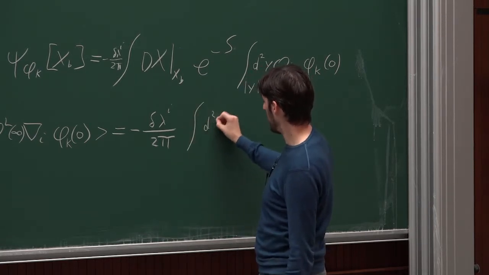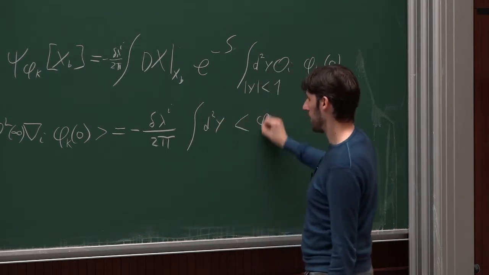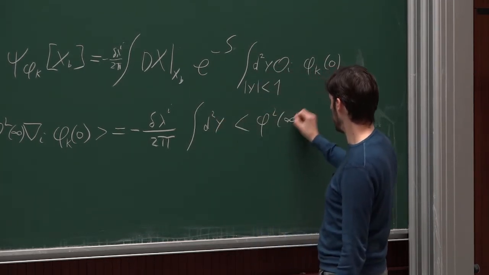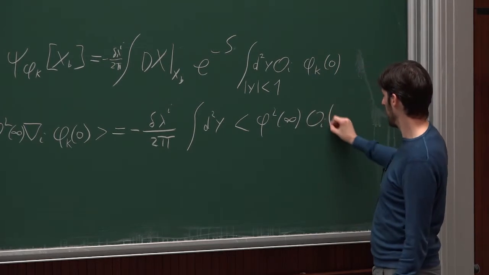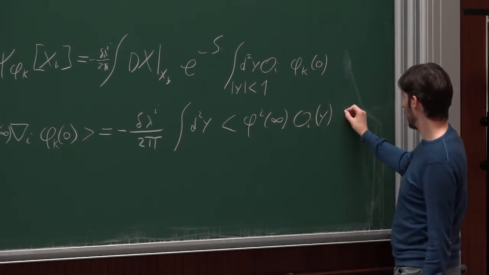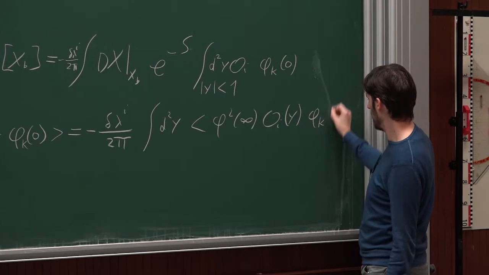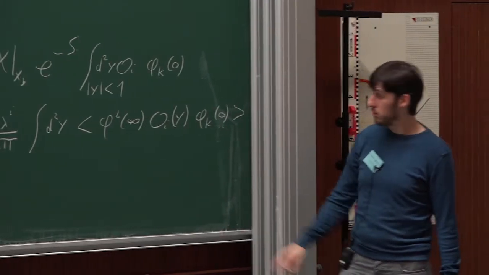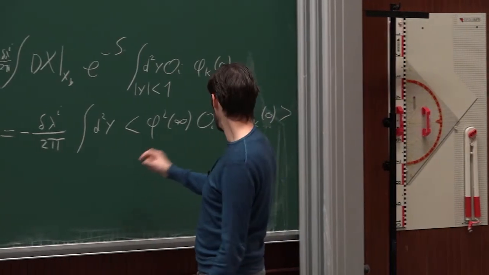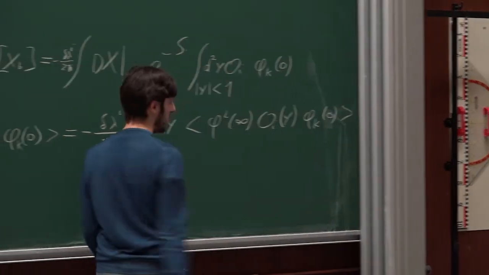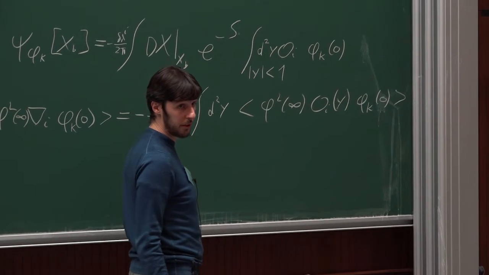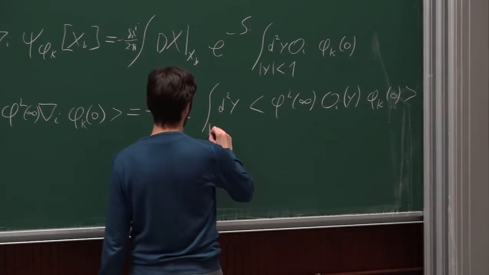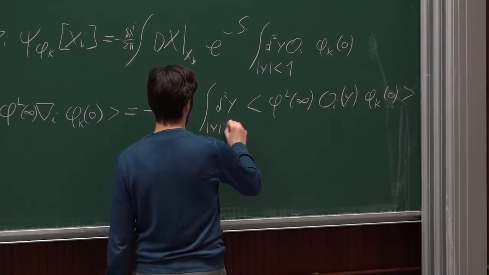So d2y, phi L infinity, O I of y, phi k of 0. The usual prescriptions apply in the sense that I have to make sure that the operators do not sit on top of the singularities. But the additional condition is that this is taken on the unit disk.